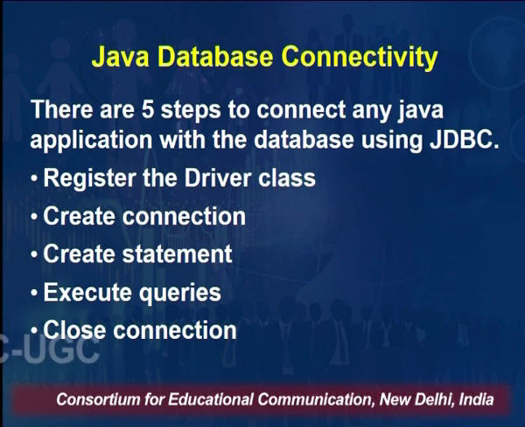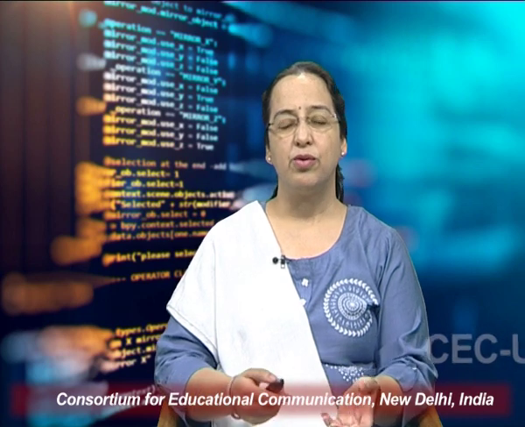And with these 5 steps, we will be able to perform the whole task of connecting the Java application with the database, and that database could be any type of database, and this is what we are going to do through the whole JDBC thing.